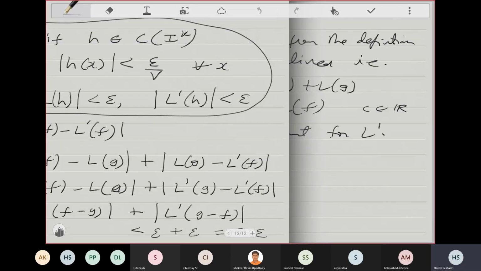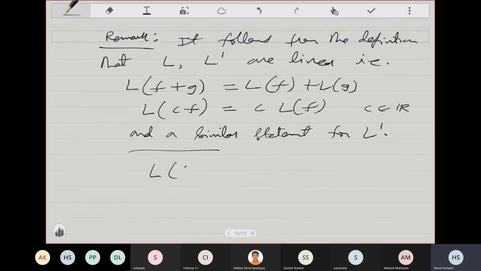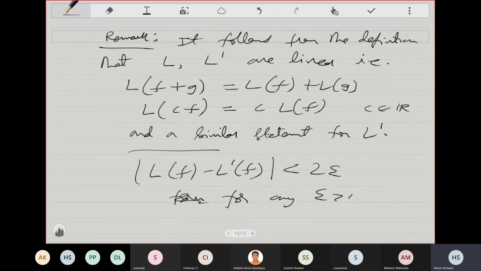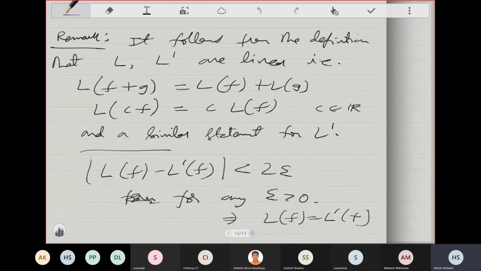So you end up concluding that L of f minus L prime f is less than 2 epsilon for any epsilon. So this implies L of f equals L prime f. Okay, so that completes the proof that changing the order will not matter.